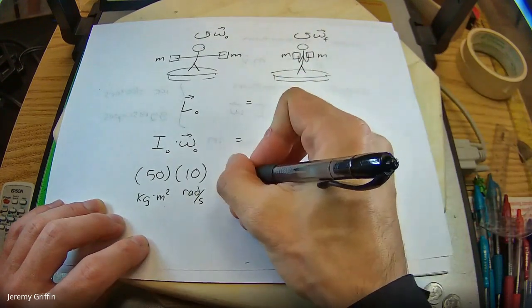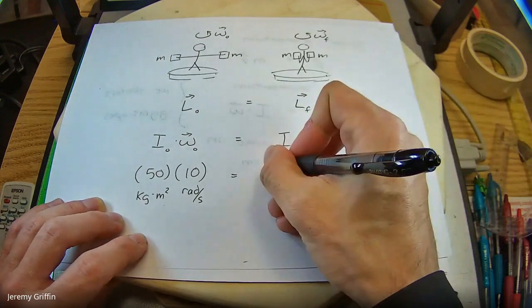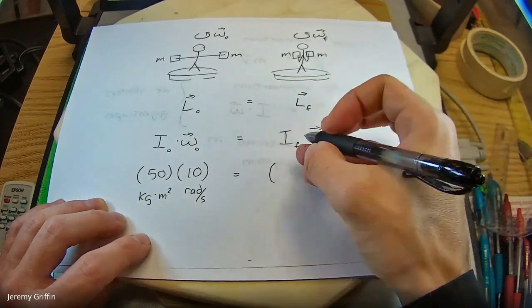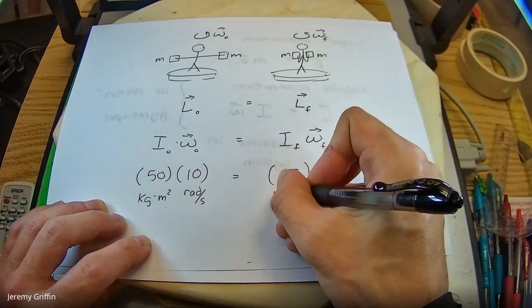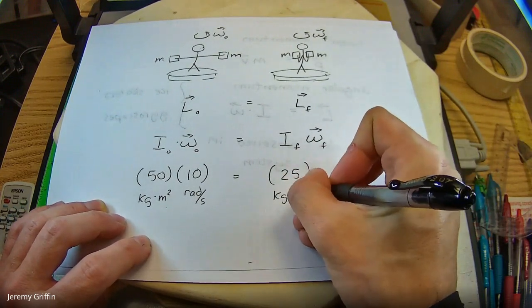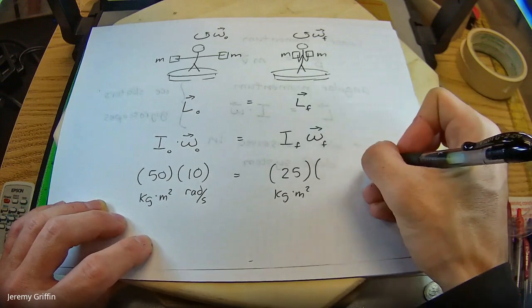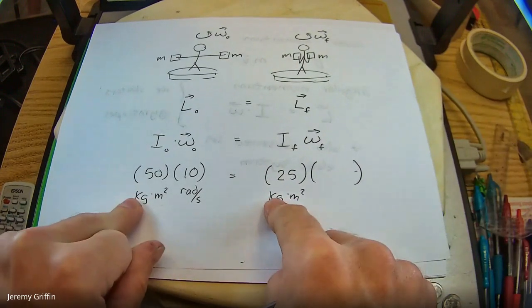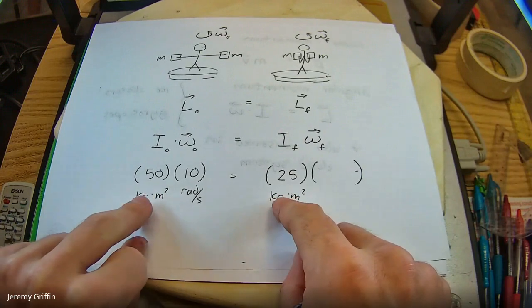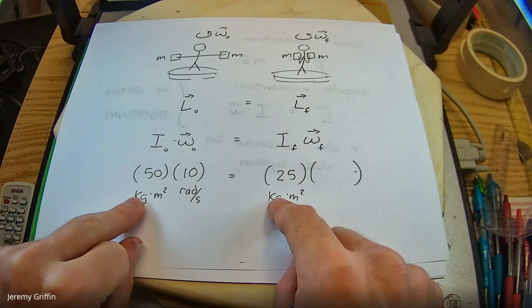So omega naught is 10. Right, and then in the second case, let's say it pulls those masses in and that decreases its rotational inertia to like half the value, just to have a nice number to work with: 25 kilogram meter squared. Right. What would the final omega have to be? Okay. Well, do you see that the I value got cut in half?